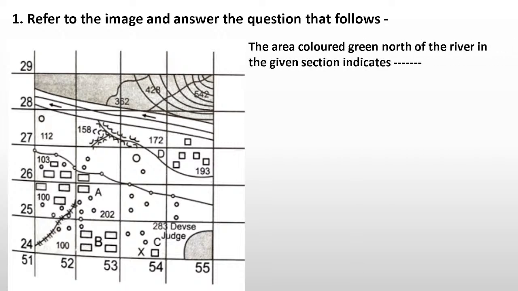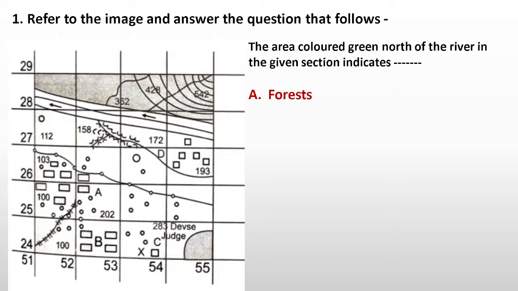And the question is, the area colored green north of the river in the given section indicates dash. Now of course here you can't see it green, but you have to assume that it's green. I'm sorry because there's nothing we can do about it.